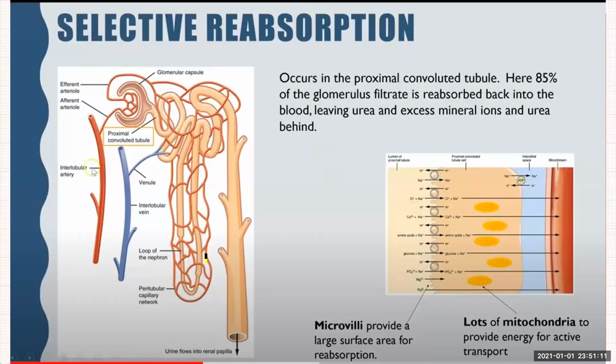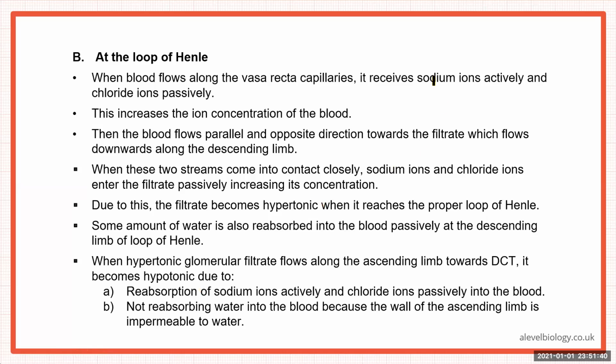So as the blood flows along the vasa recta capillaries, which are these capillaries here, this surrounds the loop of Henle. It receives sodium ions actively and chloride ions passively, right? So this is what happens, and it increases the ion concentration of the blood. Then the blood flows parallel and in the opposite direction to the filtrate, which flows downwards along the descending limb.